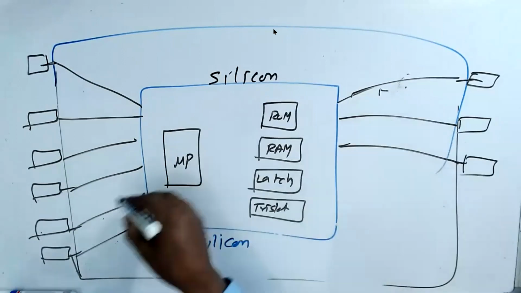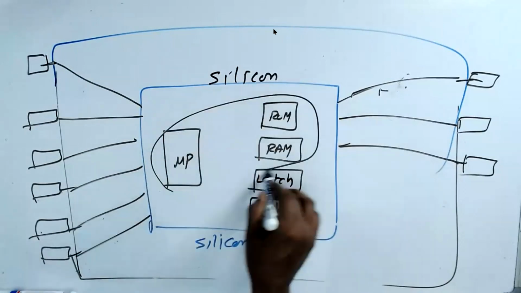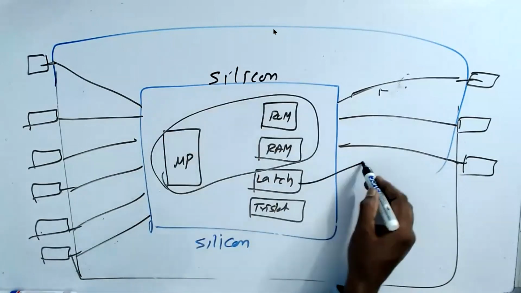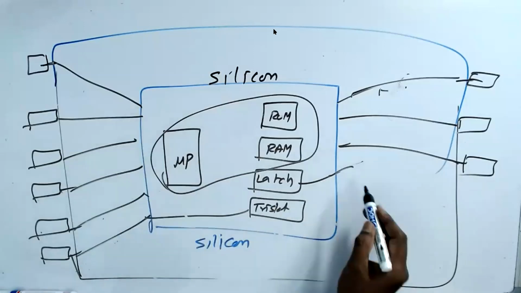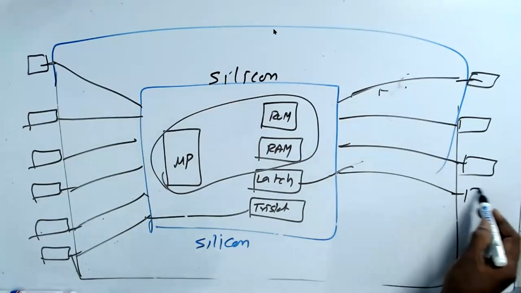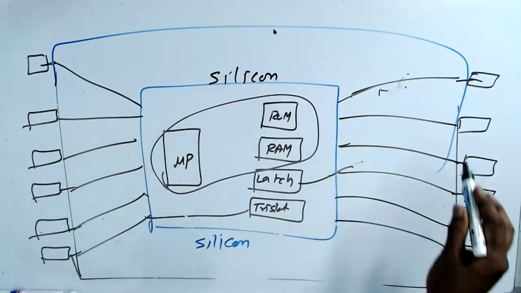But this will be inside. This latch will come out and the tri-state will get in here. Input, output. Understand this.